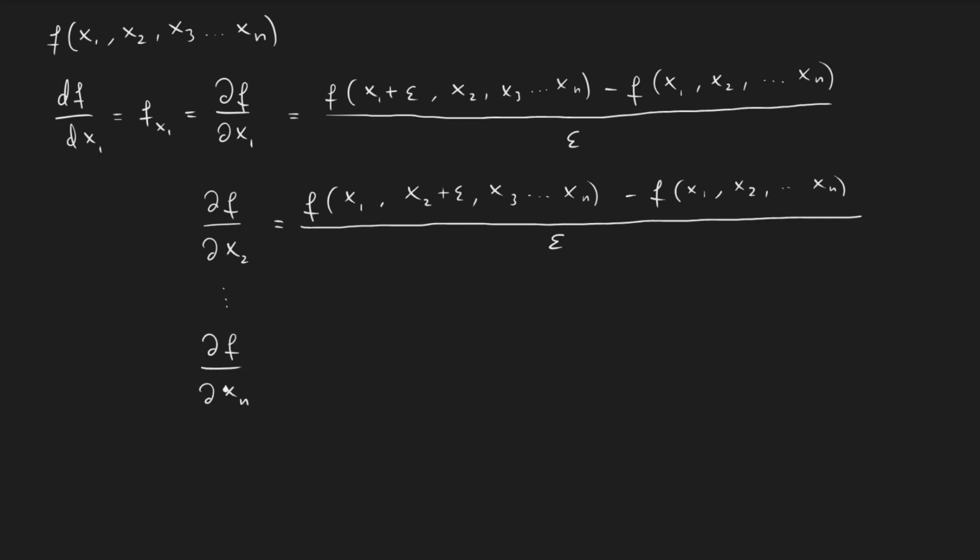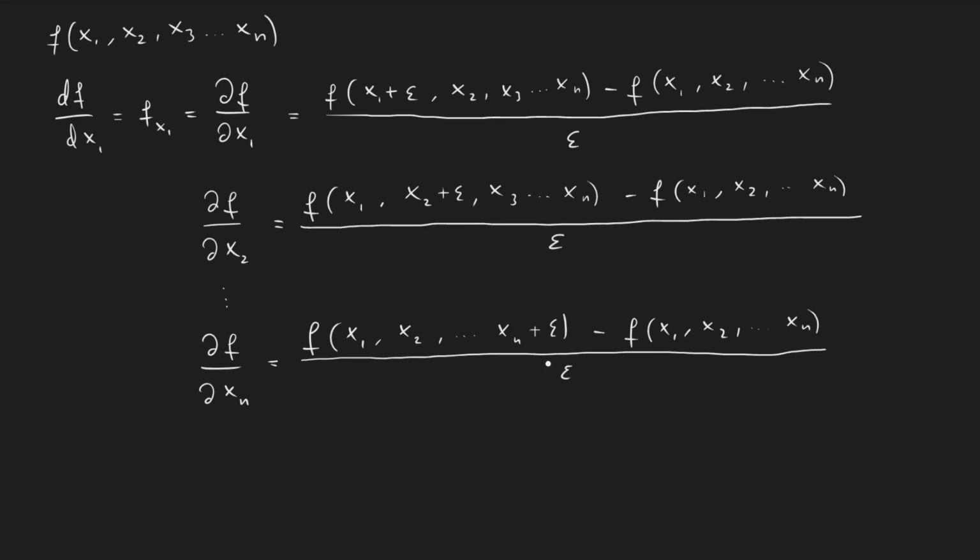So we would have this df over dxn partial derivative. So this would be the function value with x1, x2, xn plus epsilon, and we would subtract, of course, the previous value with xn, and we would divide it by epsilon. And don't forget that all of these partial derivatives are functions.